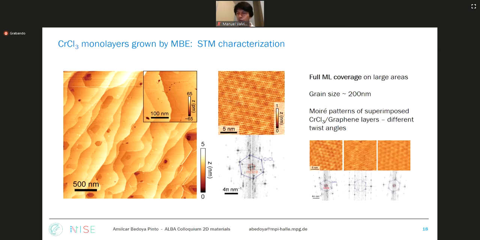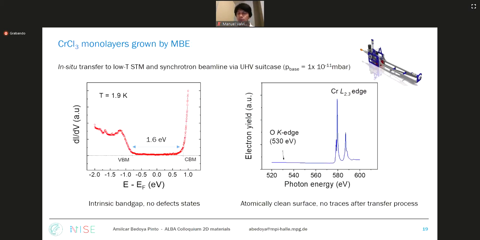Again, before doing the magnetic measurements via X-ray magnetic circular dichroism, we also perform some preliminary characterization to make sure that the transfer of our sample has been successful. We transfer the sample via a UHV suitcase with a base pressure of 1×10⁻¹¹ mbar, so it's pretty good. The test was to transfer this from our MBE to our low-temperature STM, and we did spectroscopy on the chromium trichloride monolayer.